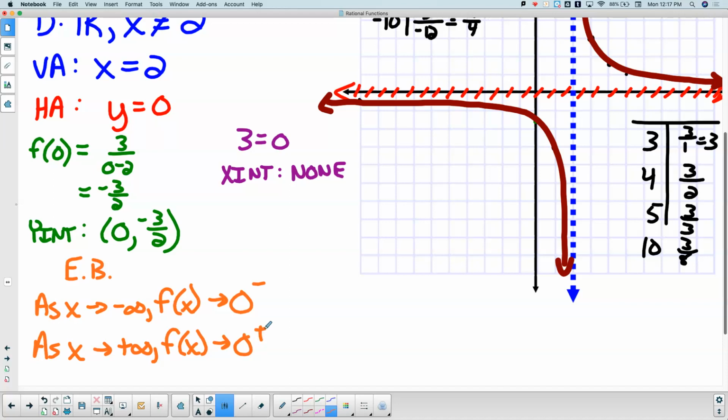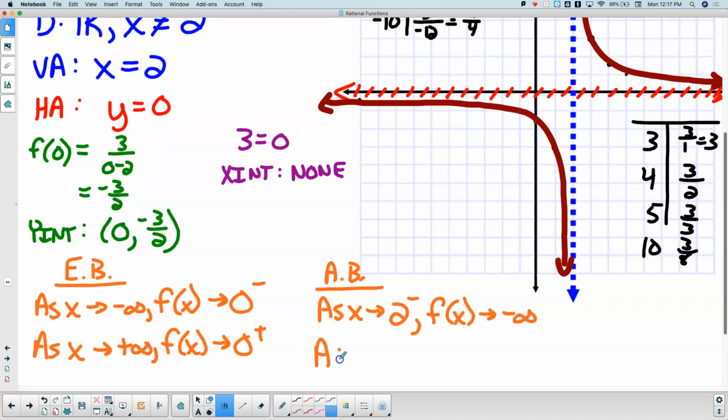And then my asymptotal behavior, as x approaches 2 from the left, my function is going to negative infinity. And as x approaches 2 from the right, my function is going to positive infinity. Questions on that?